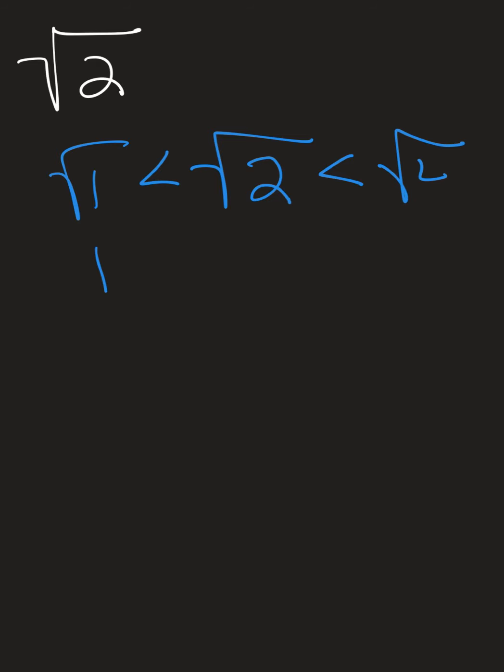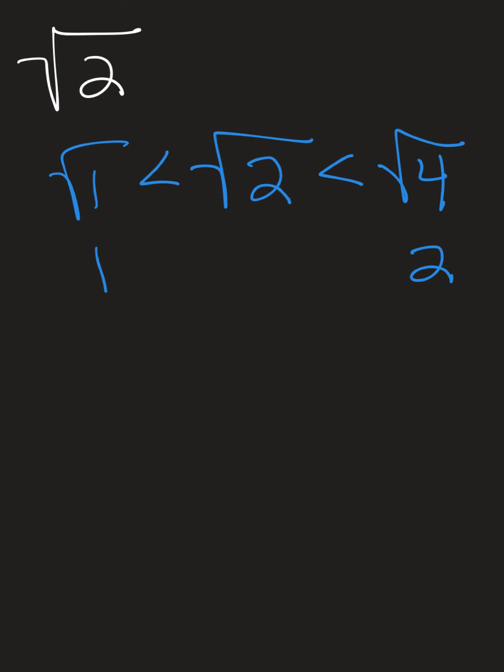One example of an irrational number is the square root of 2. Now, the square root of 2 is between two numbers, right? We can estimate this, but we cannot get an exact answer. Square root of 2 is between the square root of 1, which is 1, and the square root of 4, which is 2. So the square root of 2 is between 1 and 2.